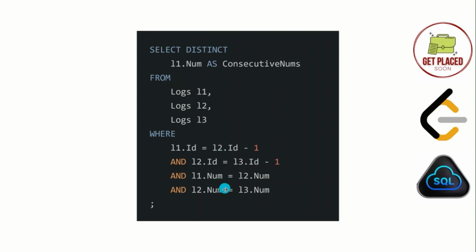To make all these conditions true, we are using the AND keyword. When you use the AND keyword, this condition should be true. And again the AND keyword between this condition and this condition, so both should be true. Again the AND keyword here, so this condition and this condition should be true. Then only it can enter into the result table. So this is how we write this problem.